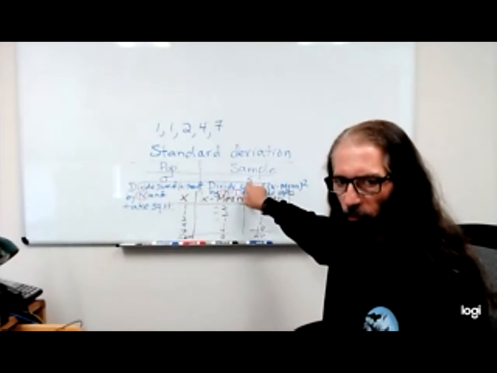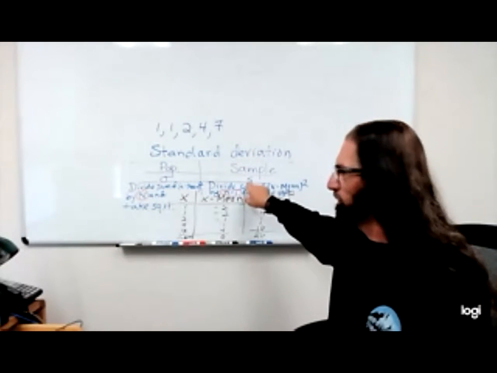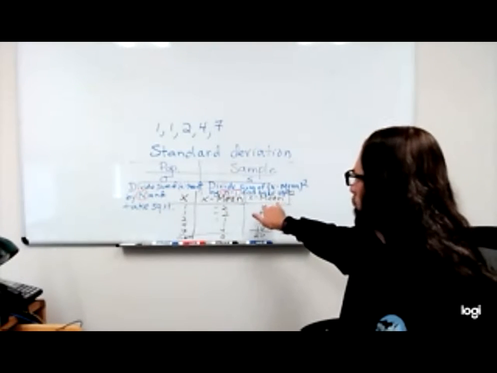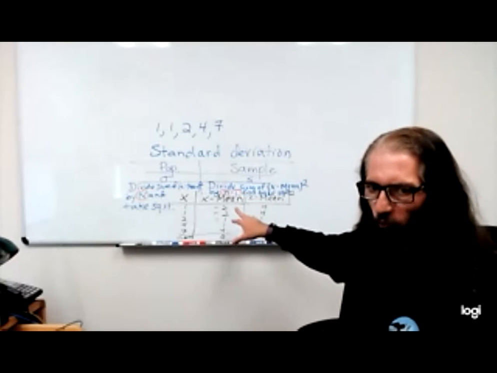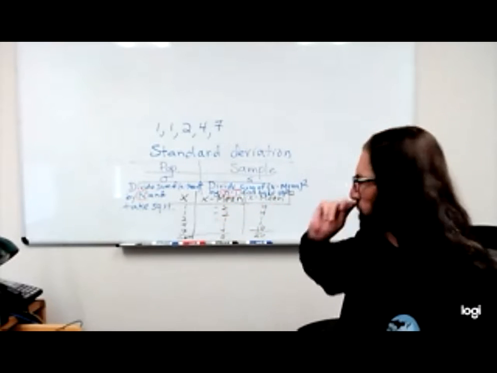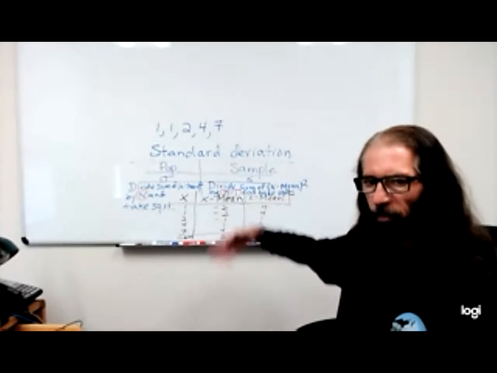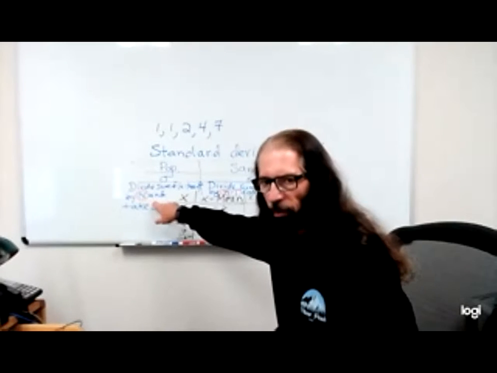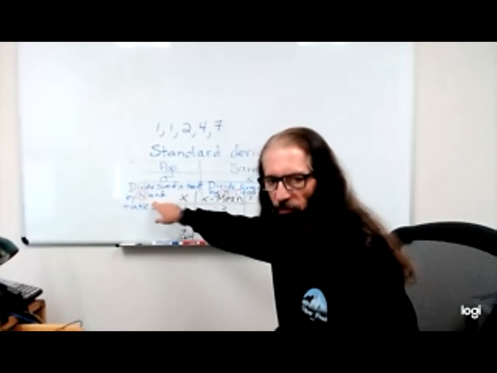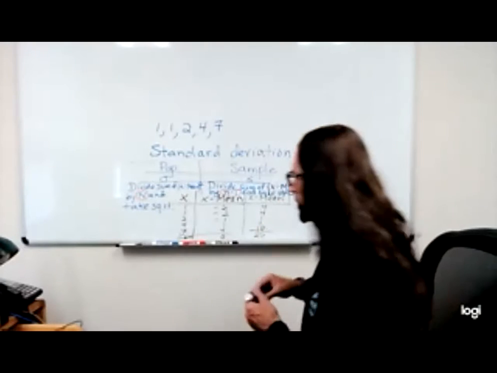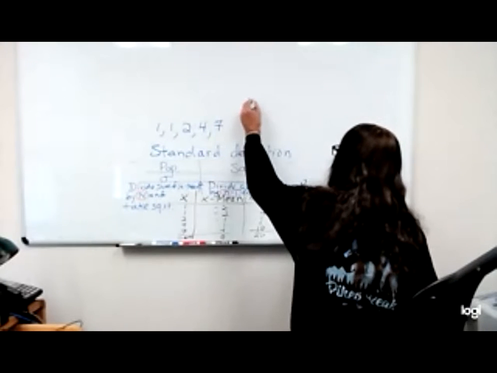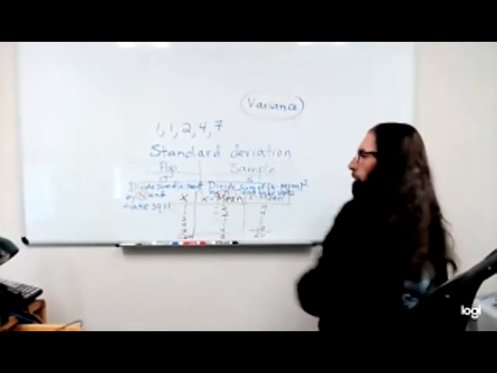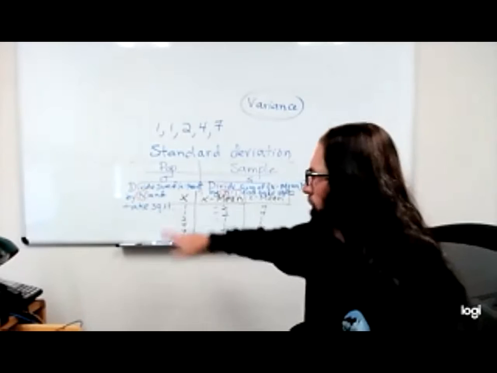For a sample standard deviation, it's S. So after we get the sum of score minus mean squared for each score, for a population we would divide by the population size. That gives us something called the variance, and then we take the square root.